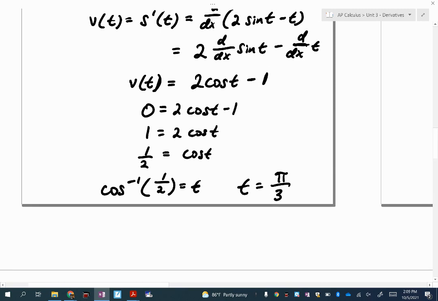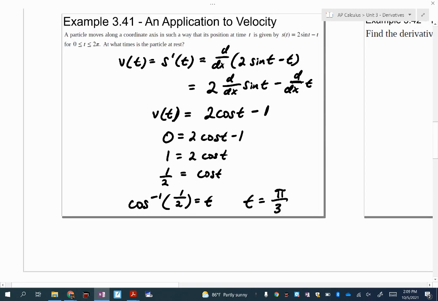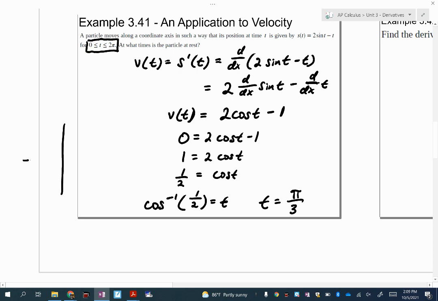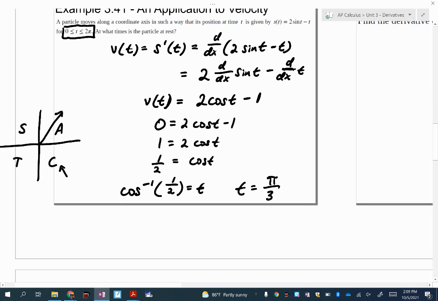It does say in the problem that we're looking for values for t between 0 and 2 pi, so this is not the only value that will work. If you draw your coordinates, here is pi over 3. But thinking of All Students Take Classes, the cosine is also positive in the 4th quadrant. So the other one is going to be 5 pi over 3. These are the 2 times where the particle is at rest.